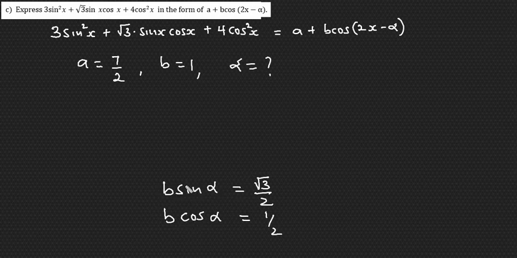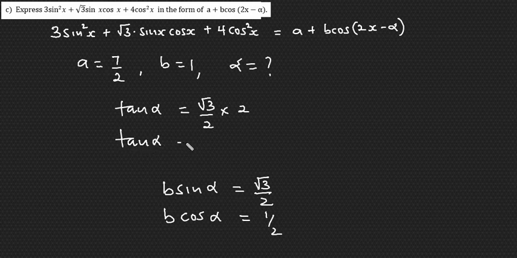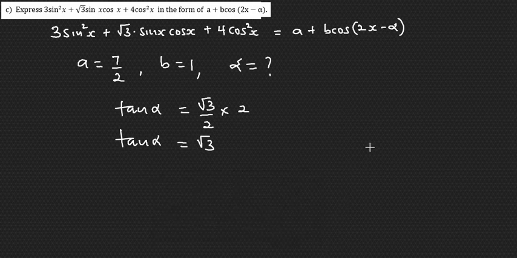So this by this, we shall get tan alpha equaling root 3 over 2 divided by a half, or times 2, and tan alpha is going to be equal to root 3. So our alpha will be the tan inverse of root 3, and this is going to be 60 from the calculator.